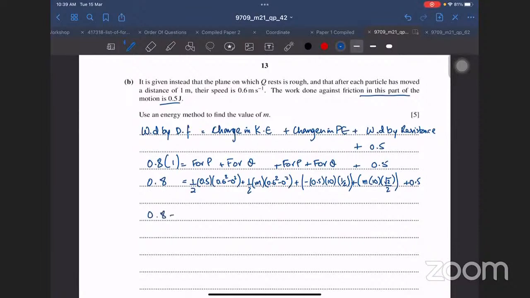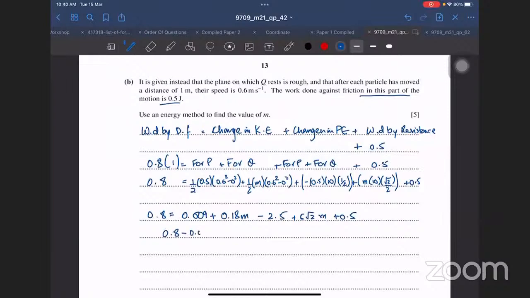So quickly computing all of this gives me what? Let's just multiply the numbers together. It's a complicated calculation. It gives me 9 over 100, so it's 0.09. 0.6 squared divided by 2 gives me 0.18m, and this gives me 5 root 2 m plus 0.5.